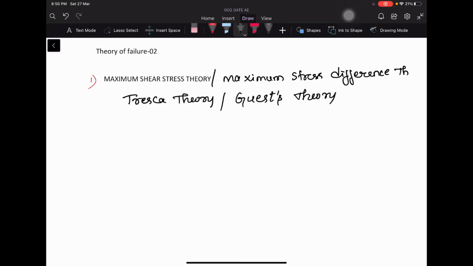So these are the four names given for this maximum shear stress theory. Maximum stress difference theory, Tresca theory, and Gates theory.